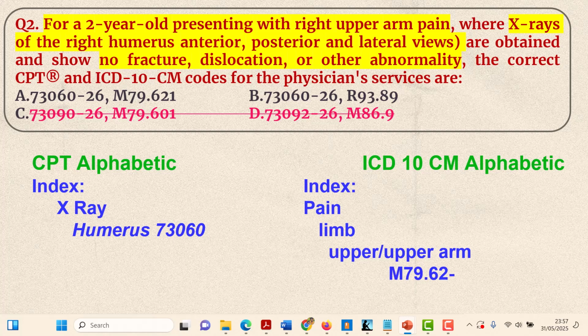In the ICD-10-CM alphabetic index, the diagnosis will be pain. Go to pain, then the subcategory of limb, then upper arm, and you will find the code M79.62. Again, go back to the tabular list and confirm the answer. Once you confirm, the correct answer will be A.